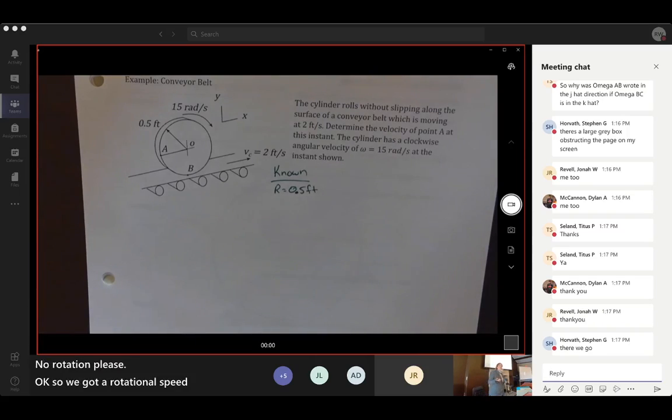Can we put that in vector form? Somebody want to help them out? What's our angular velocity? Okay, a little more into vector form? What would we say? K hat, which one?